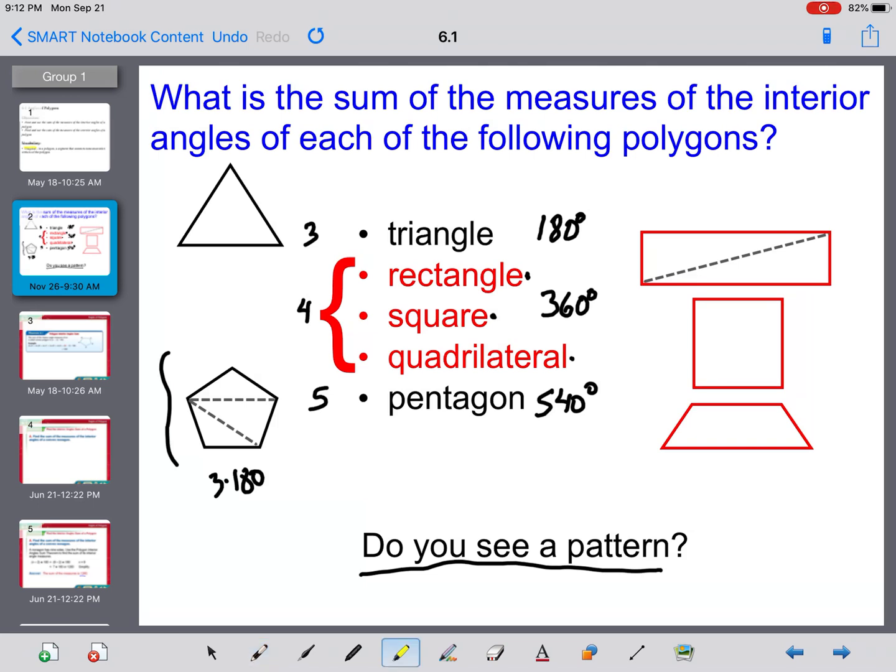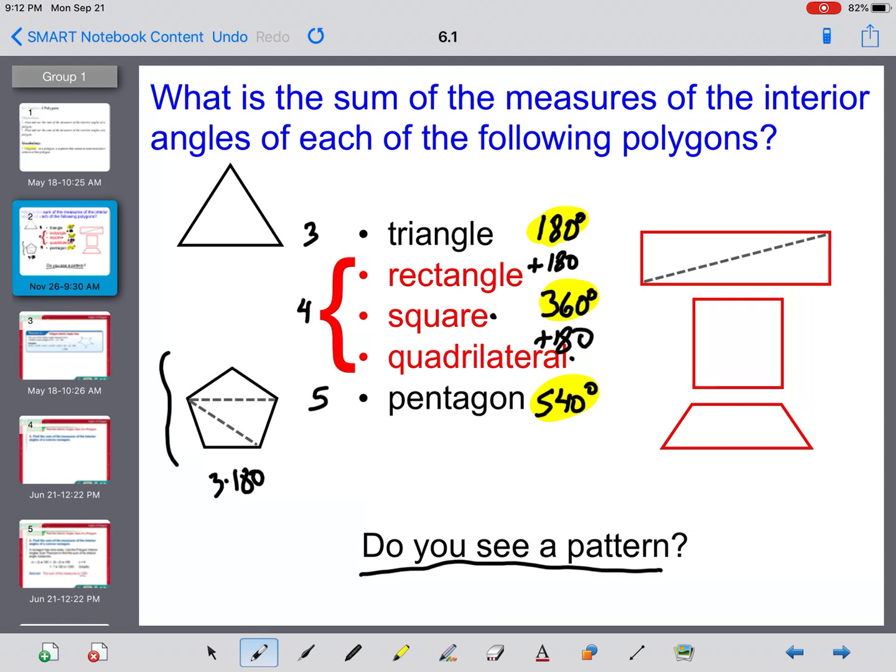You may or may not see a pattern. When I say see a pattern, I mean in these measures. The pattern that I would like for you to see is that every time you add 180, you add 180 to get to the next one.